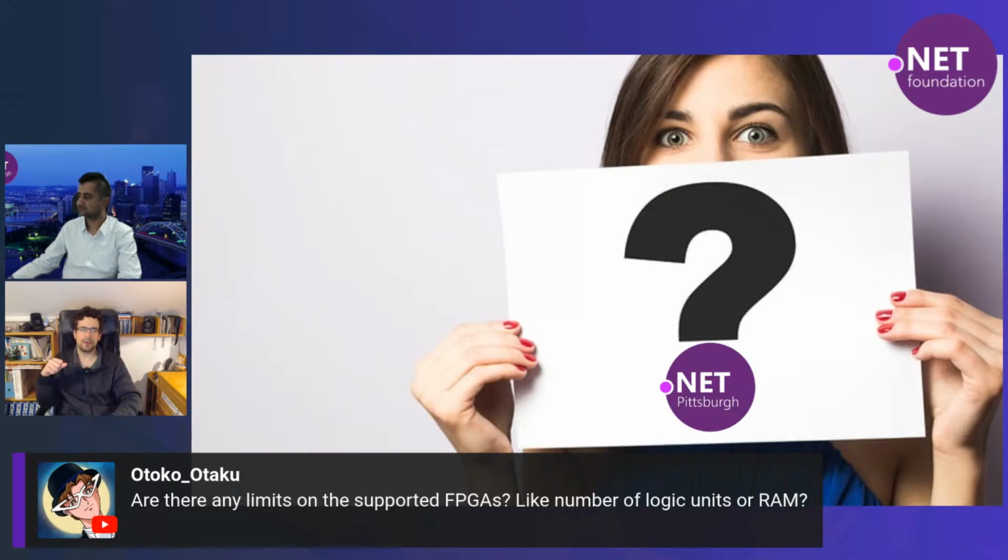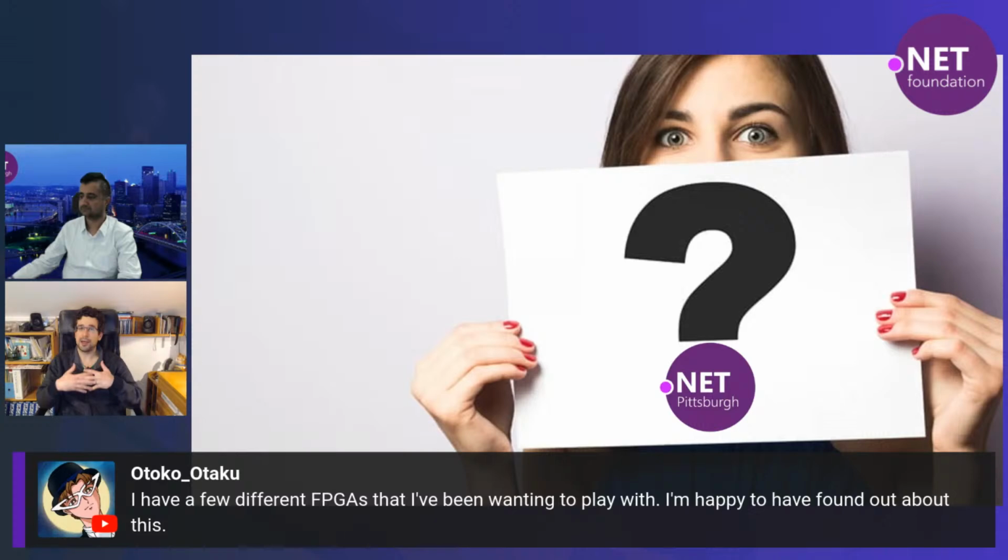It also has something called distributed RAM, which are little pieces of memory scattered all around the chip. That's, for example, used if you have an array. If in your code you have an array, that will be turned into pieces of memory on the FPGA, because there will be no dynamic memory allocation like it happens in .NET with the garbage collector.